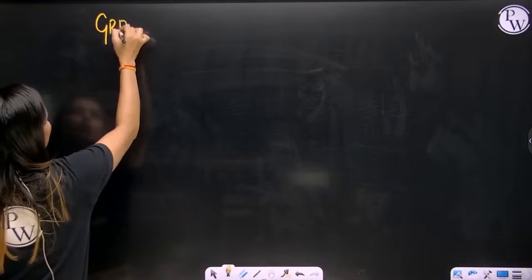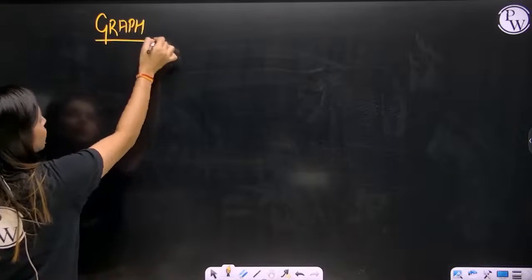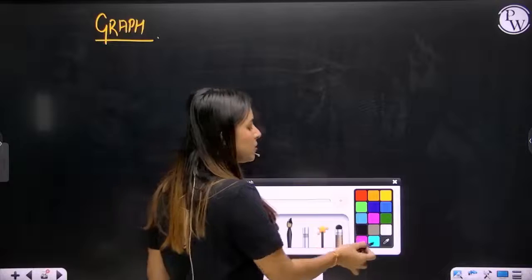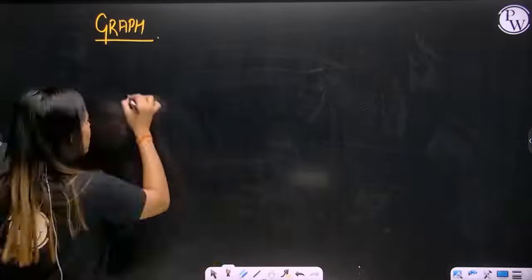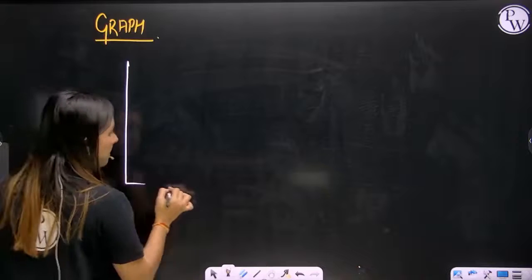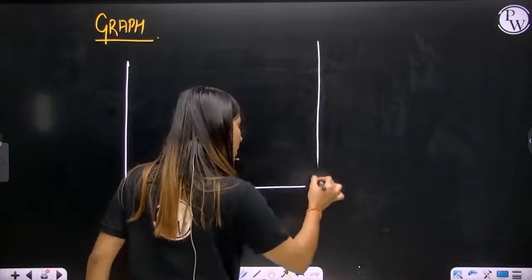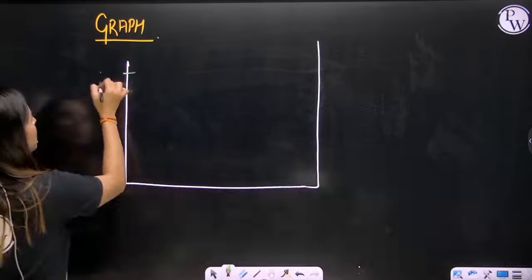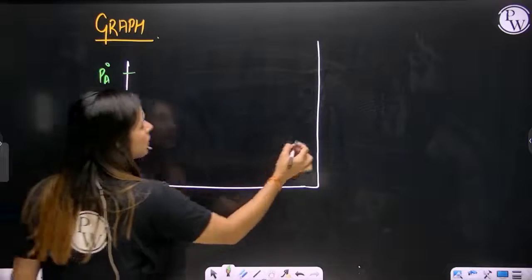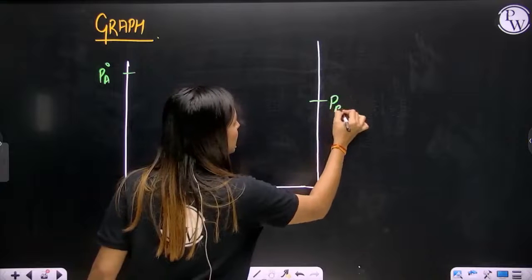So, if you talk about a graph for positive deviation, what will it be? Now, my dear students, first draw the graph which you know for the ideal solution. It was like this. Then you had, let us say, PA naught is more volatile. A component is more volatile than PB naught, right?